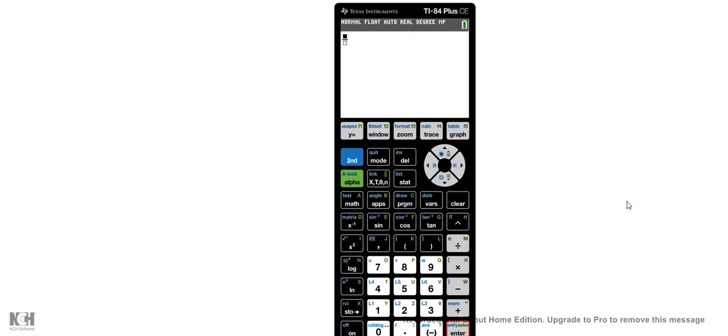In the numerator, I'm going to type 5. Then I go down, hit the tangent button right there, 40 degrees, close the parenthesis. I always pop over, which is probably not necessary. Push enter, and it gives us 5.95.